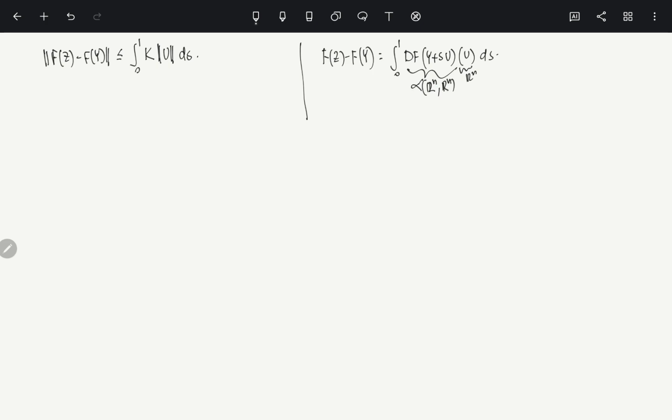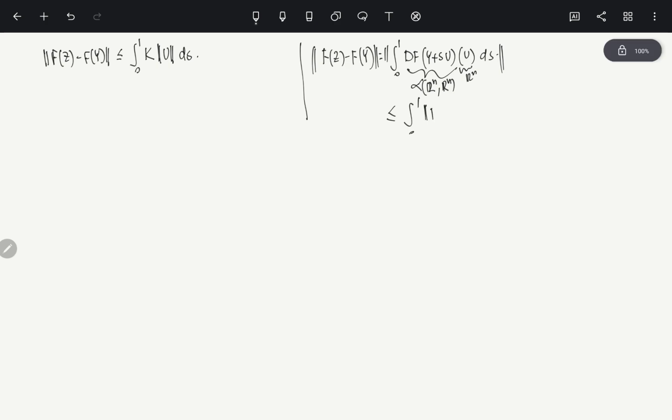Okay, if I put a norm on both sides, there will be a norm on both sides, right? And then this will be dominated by the integral from 0 to 1. This inequality is coming from the integral inequality.